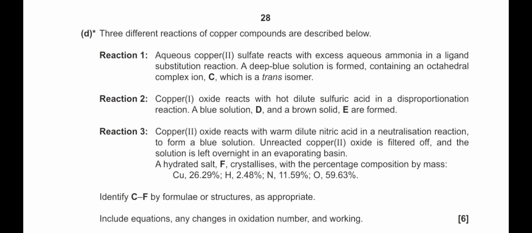So let's look at reaction 1. Aqueous copper 2 sulfate reacts with excess aqueous ammonia in a ligand substitution reaction. A deep blue solution is formed containing an octahedral complex ion C, which is a trans isomer. So we need to identify C from this, write the equation, and then also draw the trans isomer shape.